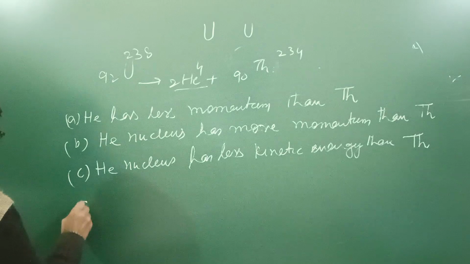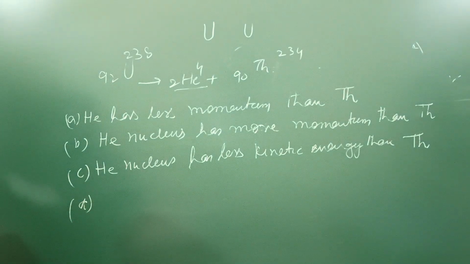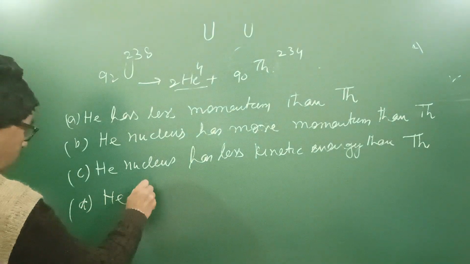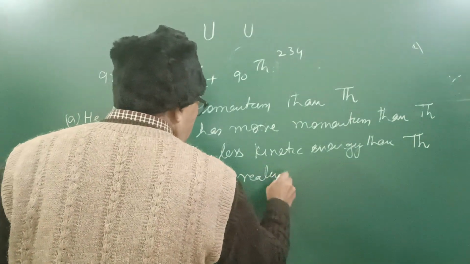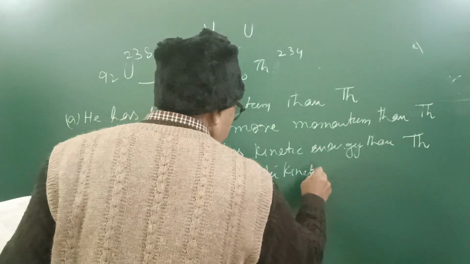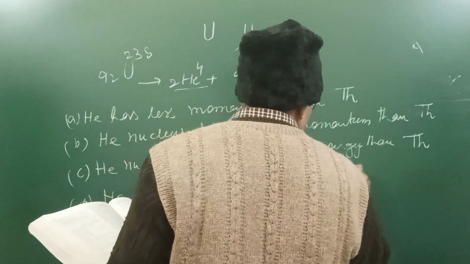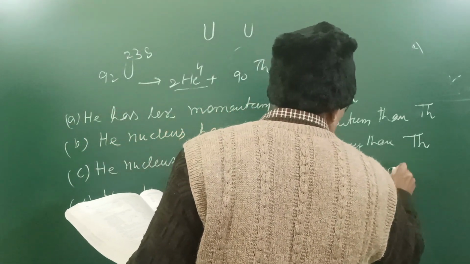D part: helium nucleus has greater kinetic energy than thorium.